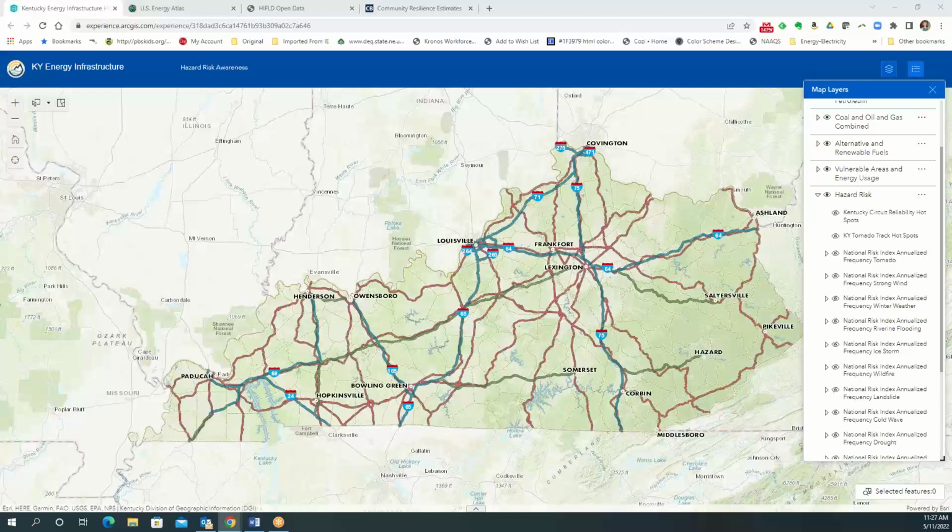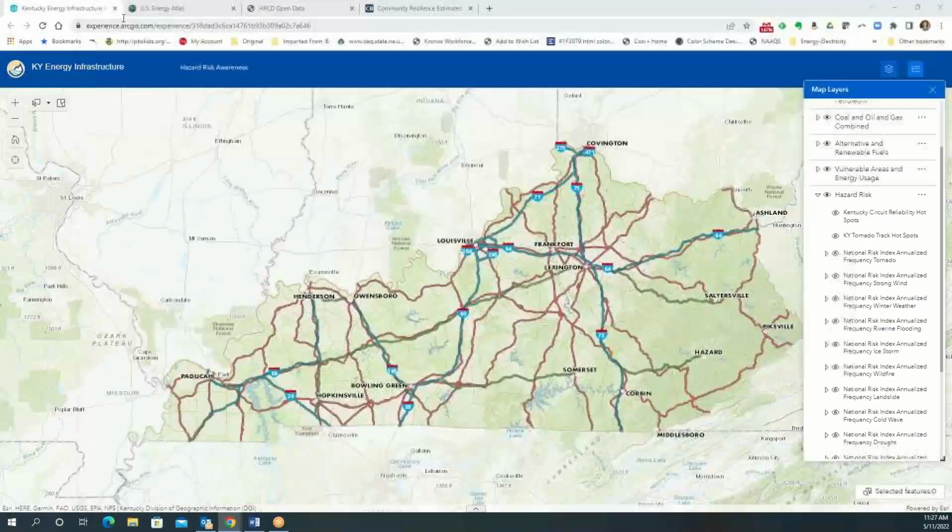And the risk index for natural hazards looks at expected annual loss from natural hazards, social vulnerability, and community resilience. It's at the county and census tract level, and it's made available via GIS for when you do custom analysis.